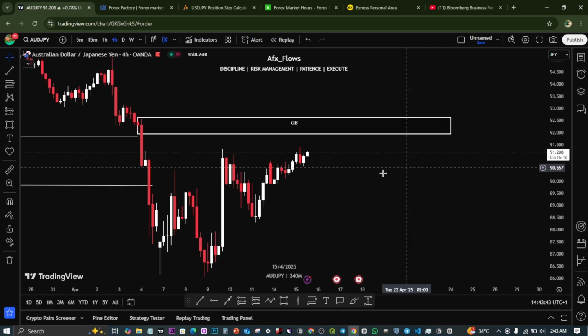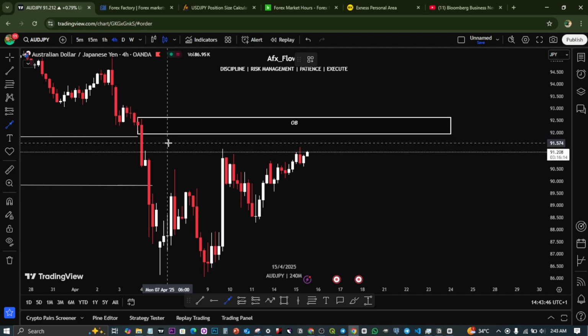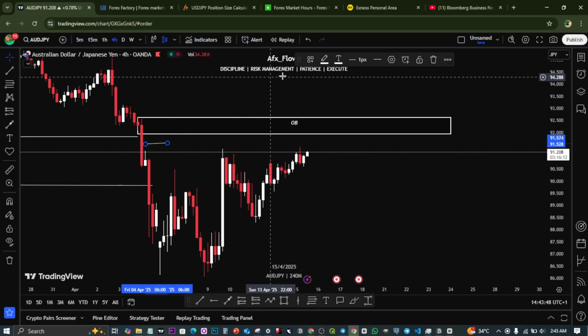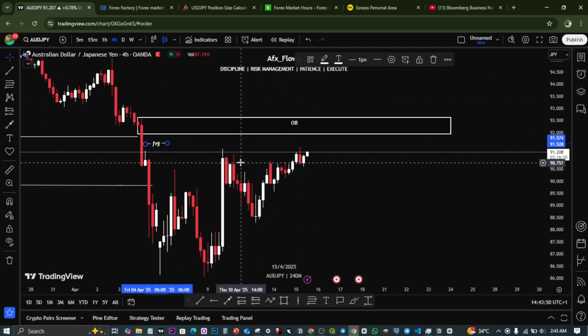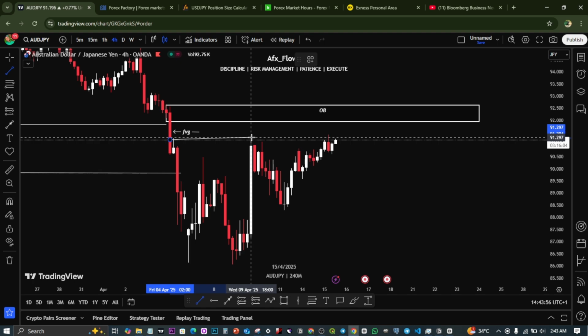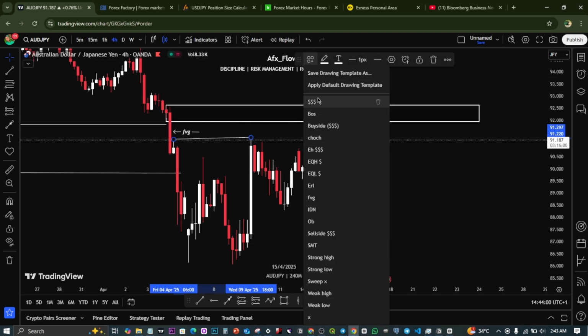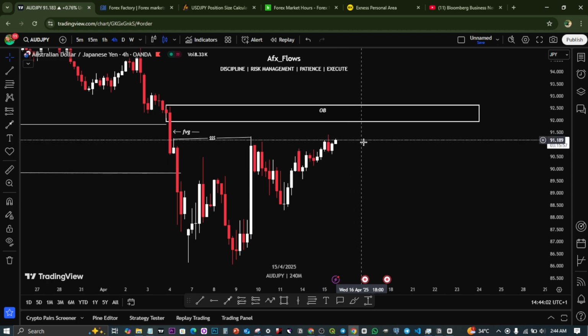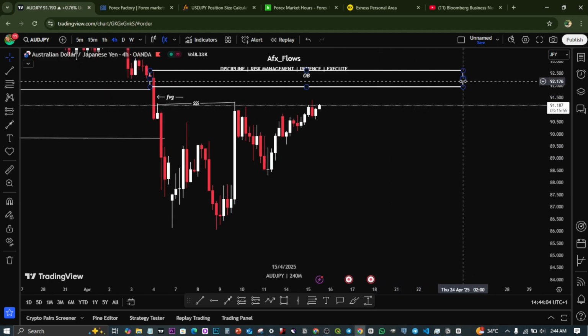Why? Because there is a fair value gap here, and there is an inducement here, or let's just put it as a liquidity here. There's a liquidity here which price needs to sweep to tap into my entry, then keep selling.